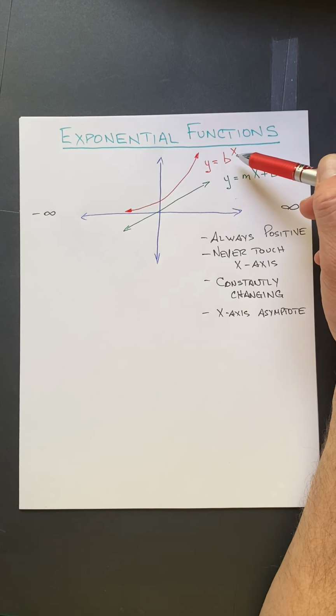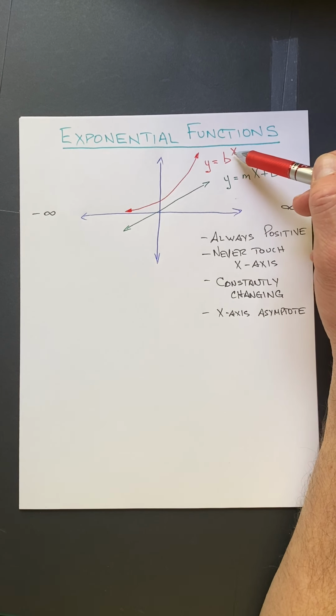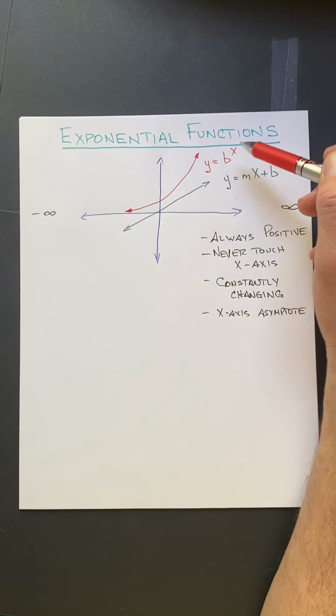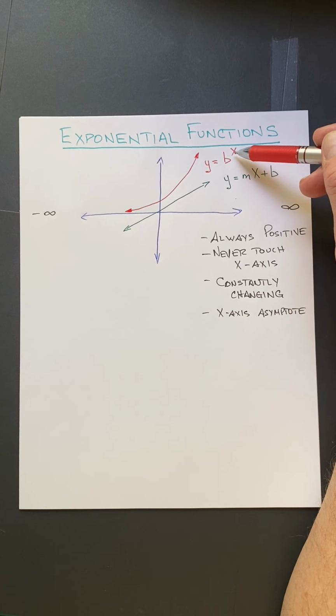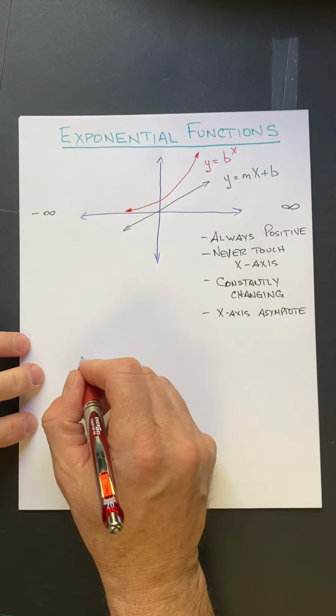Now notice here, x, we're going to consider this our independent variable. It's the input. X here is an actual exponent, okay? And hence the word exponential. So my input is x. B here is my base.